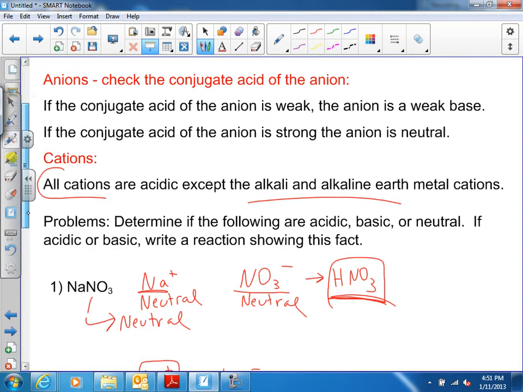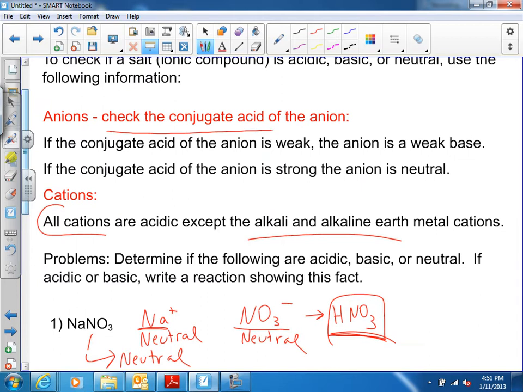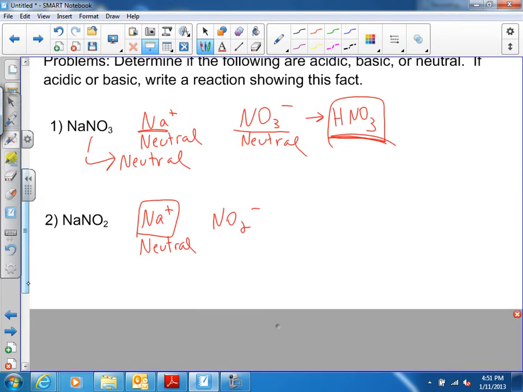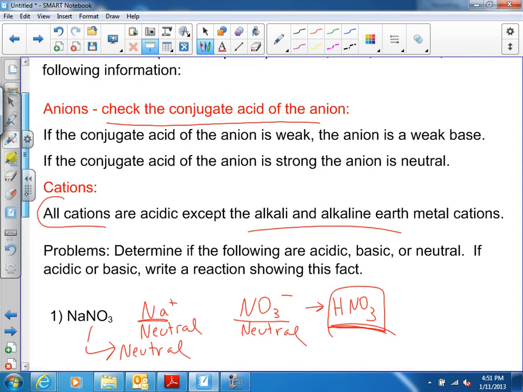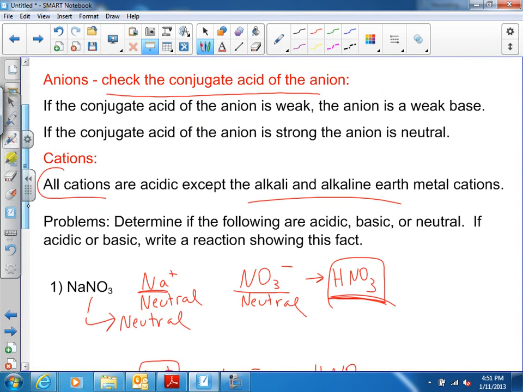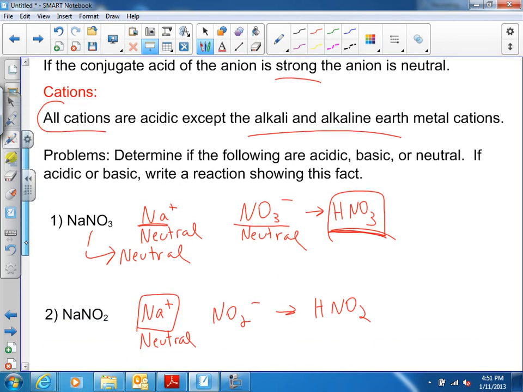Okay, the anion, what do I have to do? I have to check the conjugate acid of the anion. The conjugate acid is HNO2. What's my rule? I have to check if it's weak or strong. This acid is not strong, and if you're not strong, you are weak.